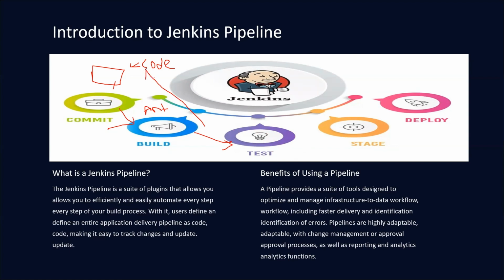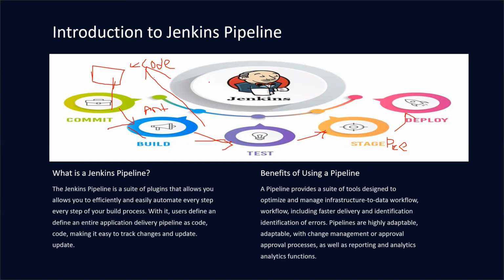The coder will verify the code, change it, validate it, and commit it again, and again it will go to the build and again to the testing. Once the testing is successful, it will go to the staging area, let's say pre-prod. In this pre-prod area, the staging code is there, and after that it will go to the deploy.